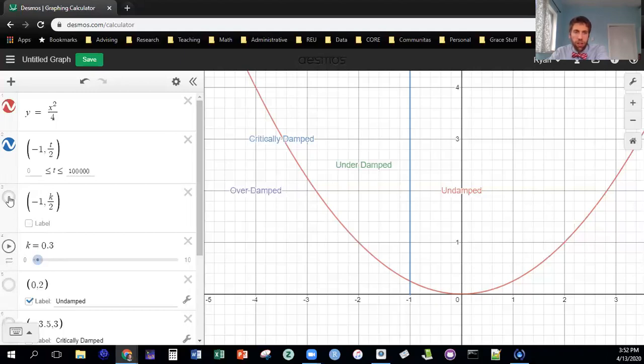And so then I can see, okay, when the spring is really weak over here, so this is a small k, the spring will act in an overdamped fashion. And as soon as k is, I believe, 1/4, or 1/2, sorry, as soon as k is 1/2, then you're at critically damped.